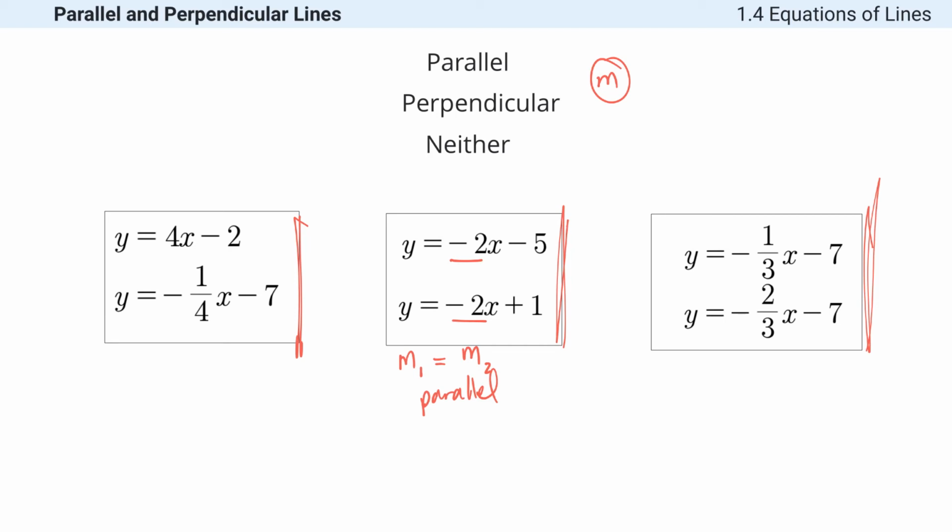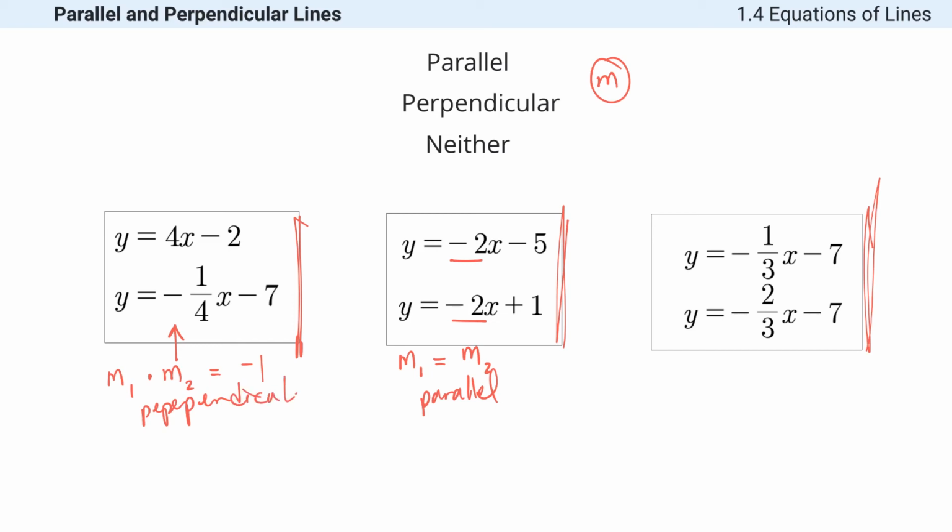Now, if the slopes are like this one here, and these slopes aren't the same, but when you look at them, there's something funny. They both have a 4 in it. So if the slope of the first line, if you take that one and you multiply it by the slope of the second line, if when you do that you come out to -1, then those slopes are known as perpendicular.